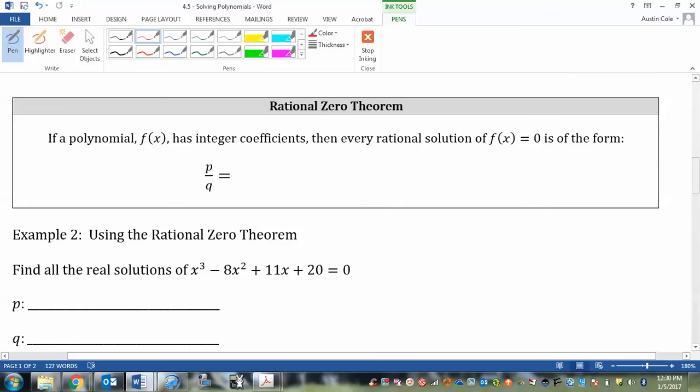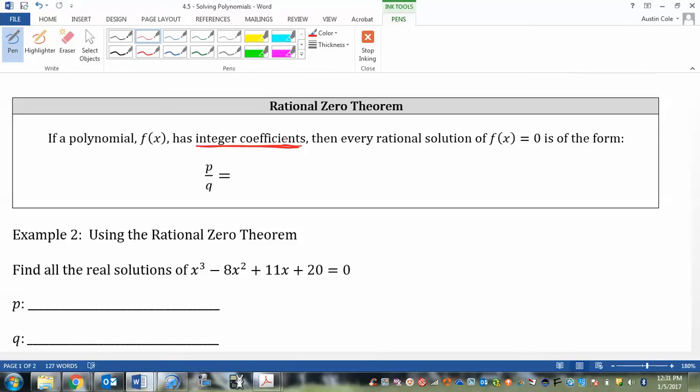Okay? So in order to do that, we have to use something called the rational zero theorem. And it's up here in the box. So here it says, if a polynomial f of x has integer coefficients. Oh my goodness. What in the world is that? Integer coefficients. What's an integer? A positive or negative whole number.